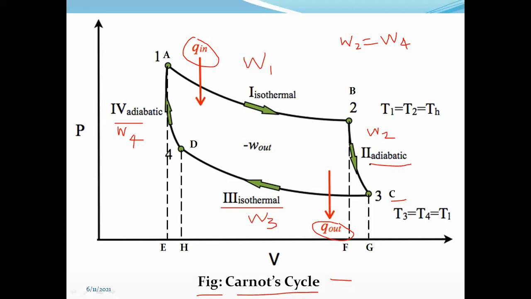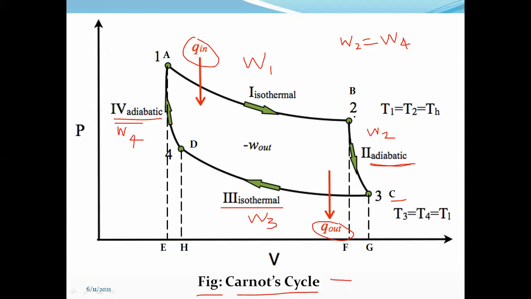W2 is the adiabatic expansion and W4 is the adiabatic compression. Now the arrow of W2 is opposite to the arrow of W4. The arrow indicates the direction of the work done by the working substance.